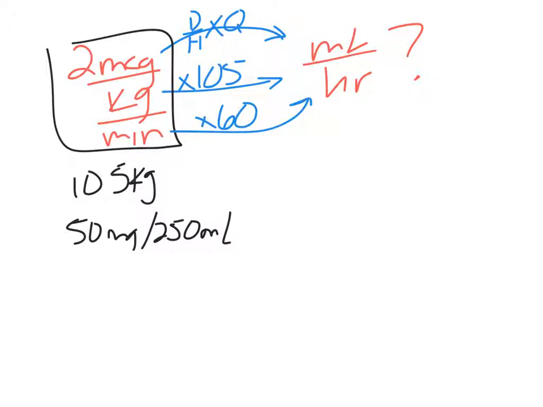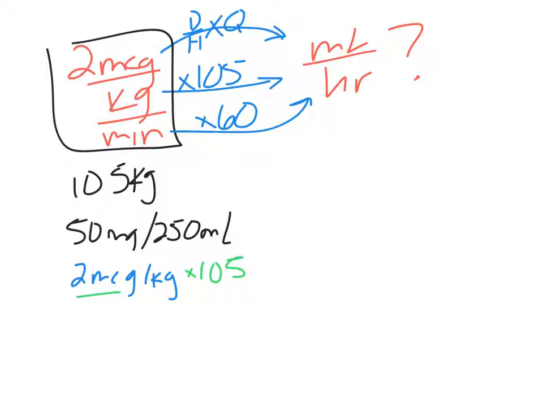So what we did in class is we said, okay, if they need 2 micrograms per each kilogram, so 2 micrograms per every kilogram, well, for a patient who weighs 105 kilograms, that's going to be 105 times that dosage. So I multiplied that by 105. And 105 times 2 gives me 210.